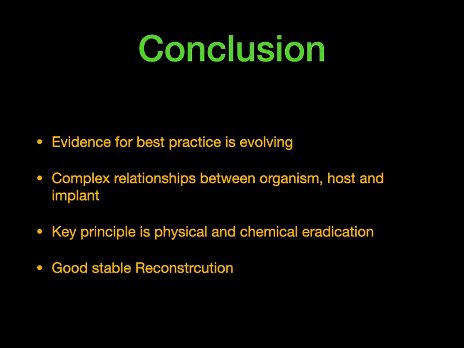So to conclude, the evidence for best practice is evolving. There's a complex relationship between the organism, host, and implant. The key in the war against infection is physical and chemical eradication. And finally, you have to give a good, stable reconstruction.